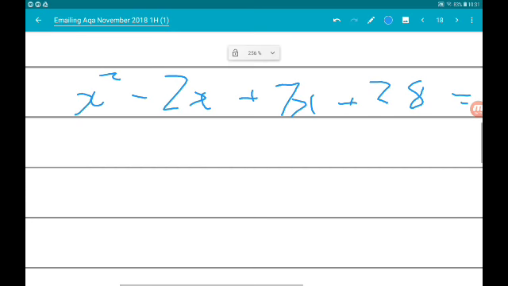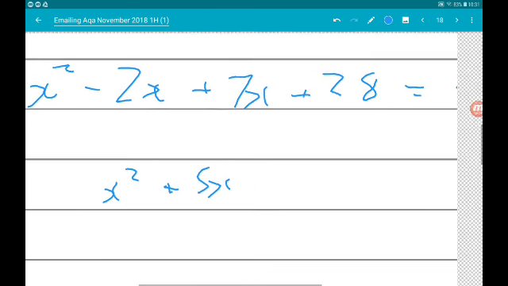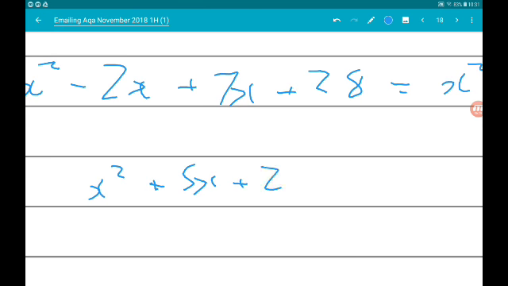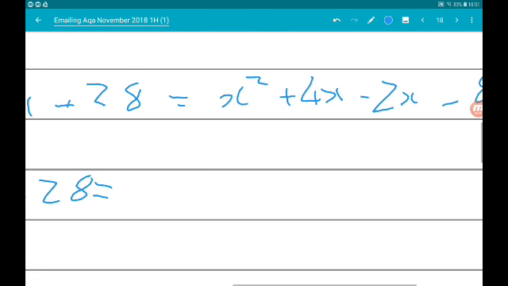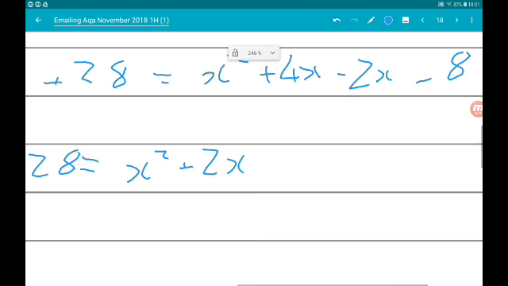So we got x squared, and we got minus 2x, add 7x, so that's add 5x, add 28, and on the right we've got x squared, add 2x, minus 8.